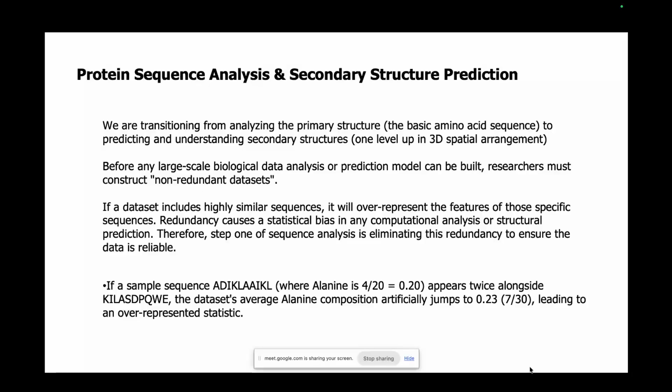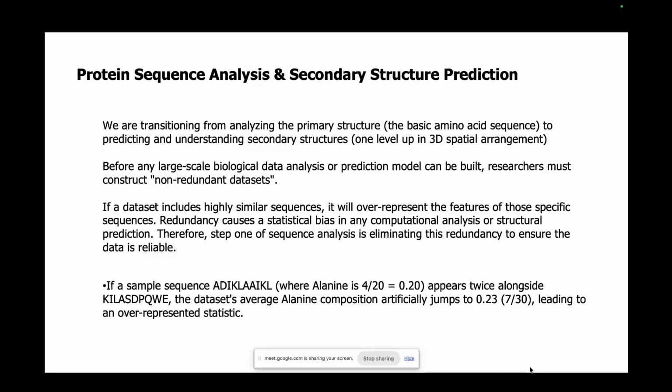So as I was saying, we are transitioning from the primary structure, which is the basic amino acid sequence, to predicting and understanding secondary structures, right? Here comes the concept of comparing it to other sequences. One very easy way to predict a structure is to take your sequence of amino acids and align it with the set of proteins with known sequences, and if there is very high similarity between two sequences, it is highly probable that they have similar structures, right?